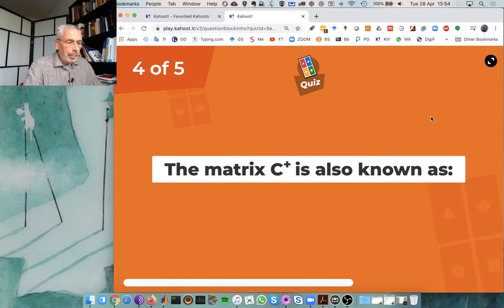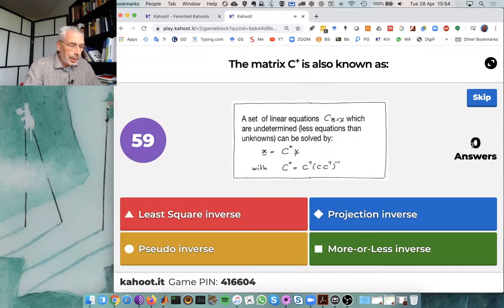The matrix C plus is also known as, and please read closely.